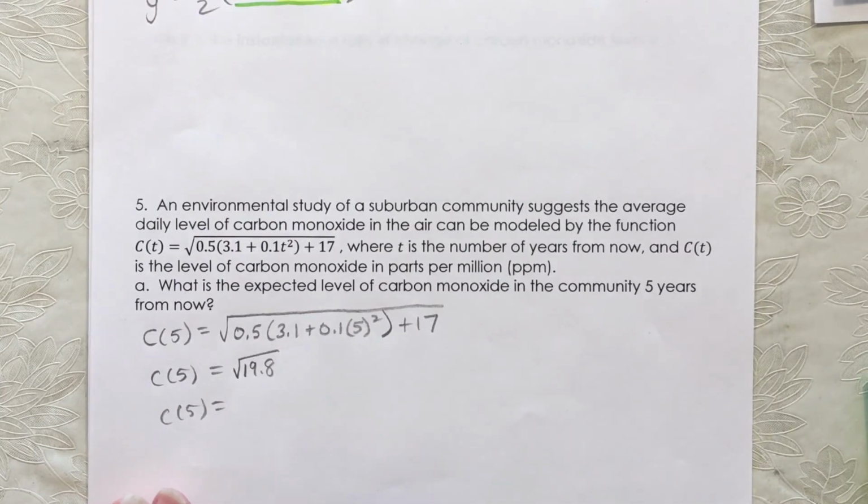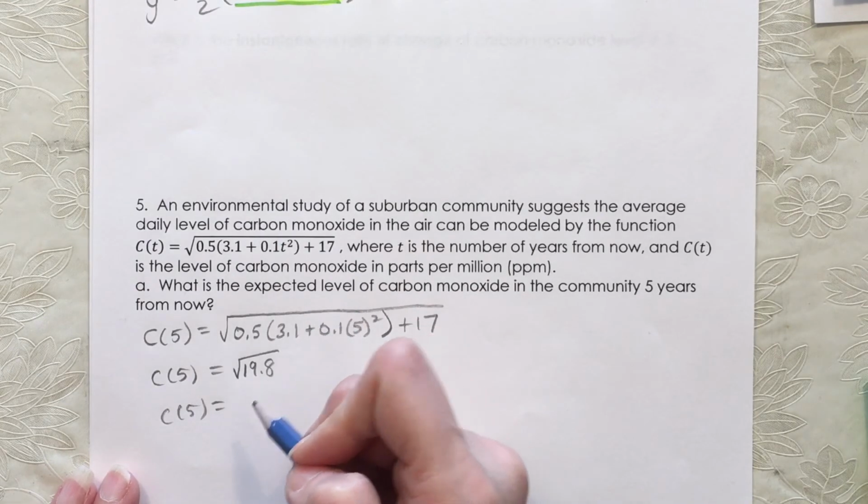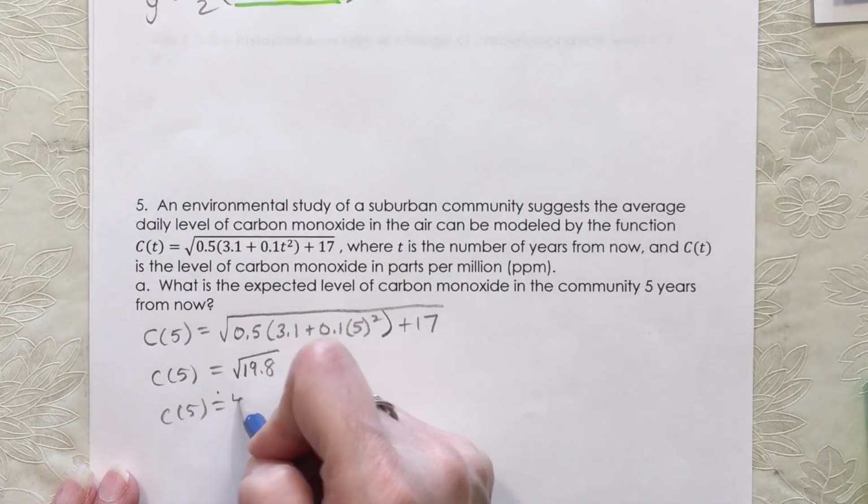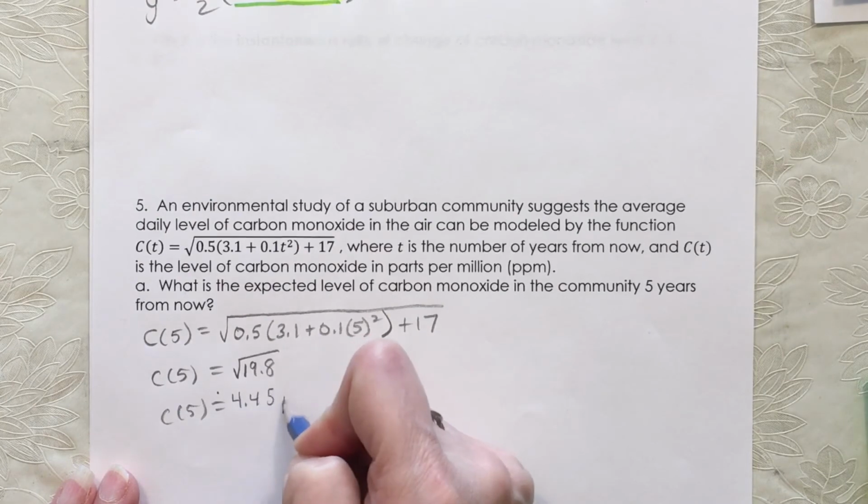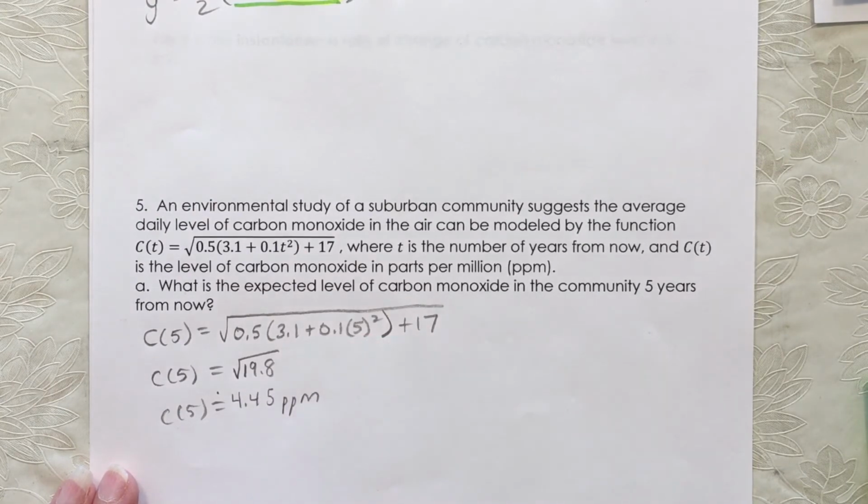Which is approximately 4.45 ppm. So what is the expected level of carbon monoxide in the community 5 years from now? 4.45 parts per million.